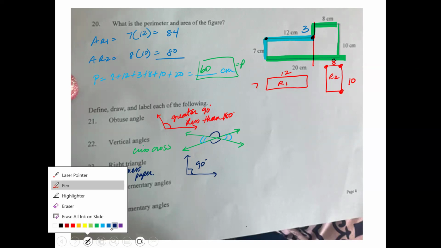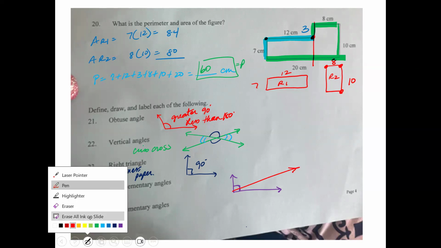Right angle should be pretty easy, shouldn't it? It's just how many degrees? It's kind of like the corner of your paper, okay? Complementary angles means what? It's 90 degrees. No, and it's 2 angles.